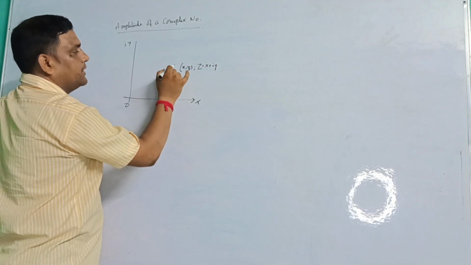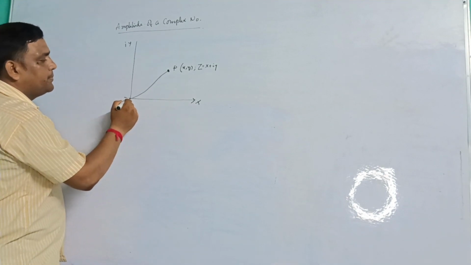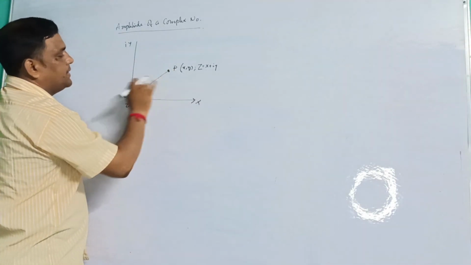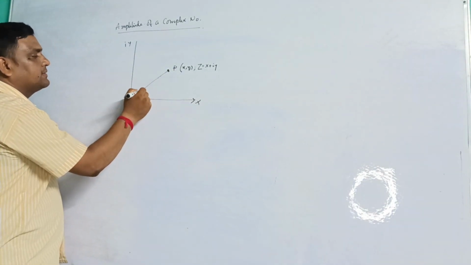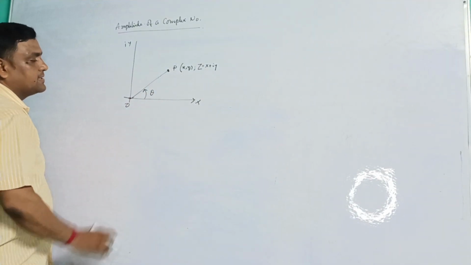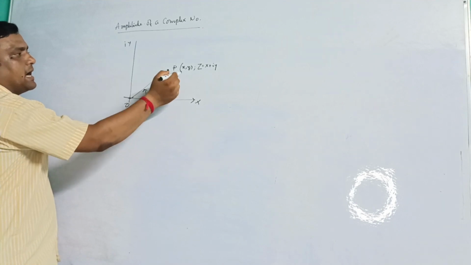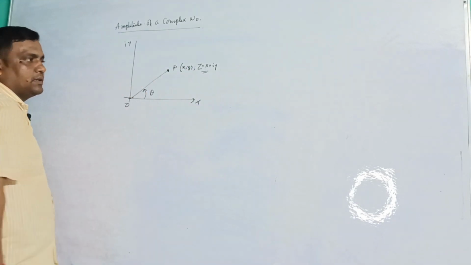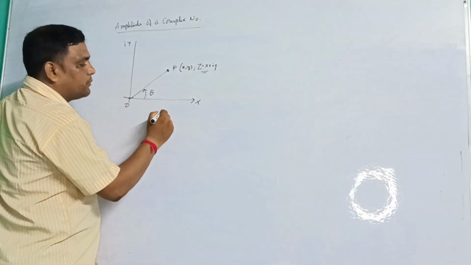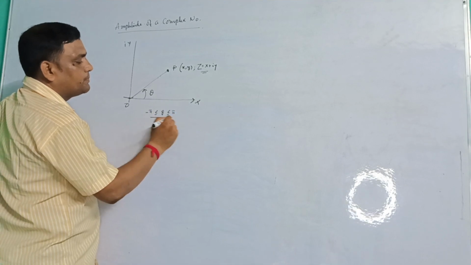Let's say this is your point P. Then OP, which makes an angle theta with the positive direction of the x-axis in the anti-clockwise sense, is called the amplitude of that particular complex number, where theta lies between minus pi to plus pi.